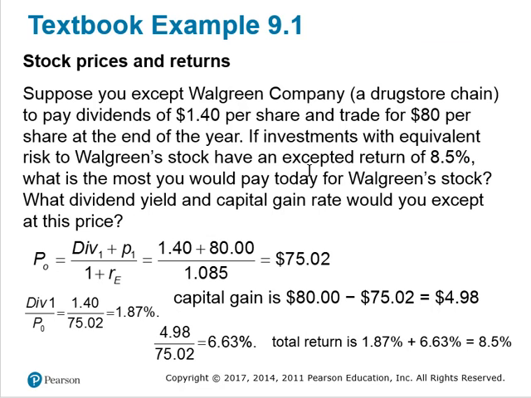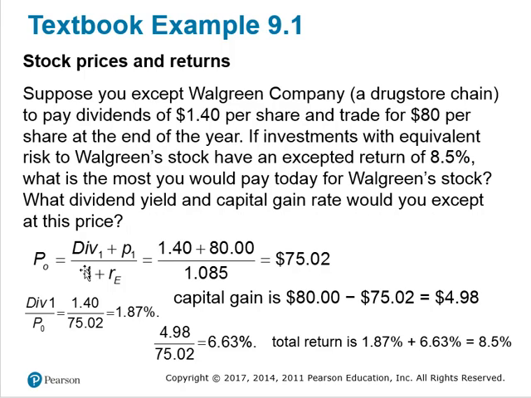So let's suppose we have Walgreens stock here, which pays $1.40 in dividends at the end of the year, and we expect it to sell for $80 at the end of the year. If investments of equivalent risk are getting 8.5%, what would you pay for Walgreens stock today?